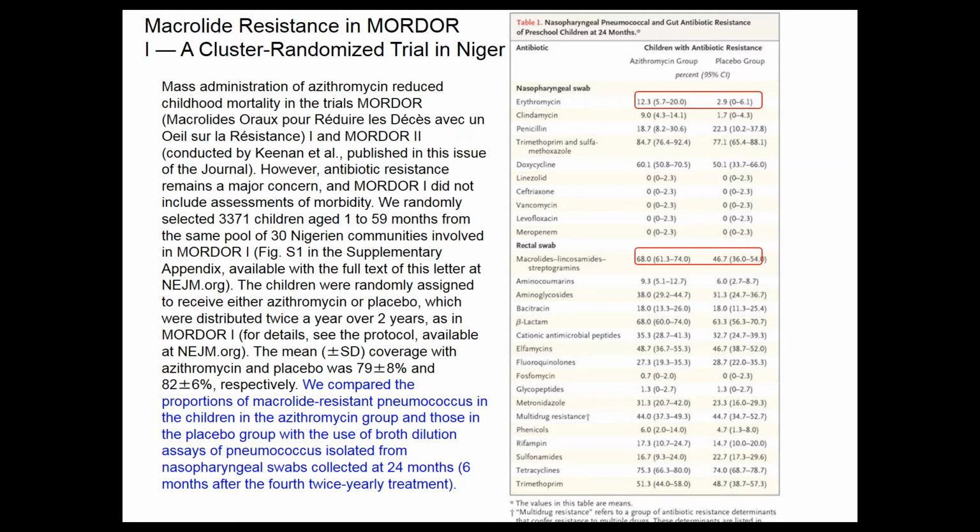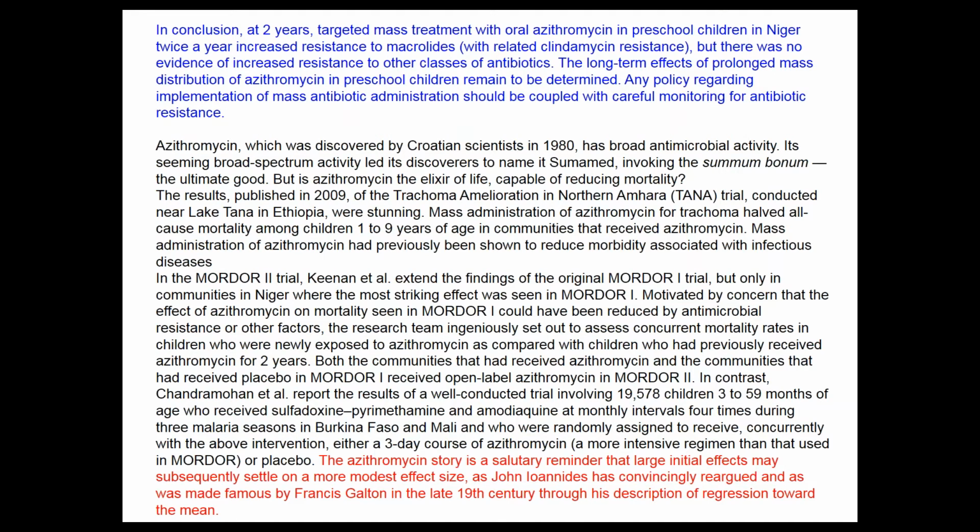The relative risk of developing that was substantially higher. And by rectal swab, looking at resistant organisms there, that was also the case. But fortunately, the appearance of resistance against other non-macrolide antibiotics wasn't a problem, and resistance to rifampicin also did not seem to be a problem, which is strictly speaking also a macrolide antibiotic.